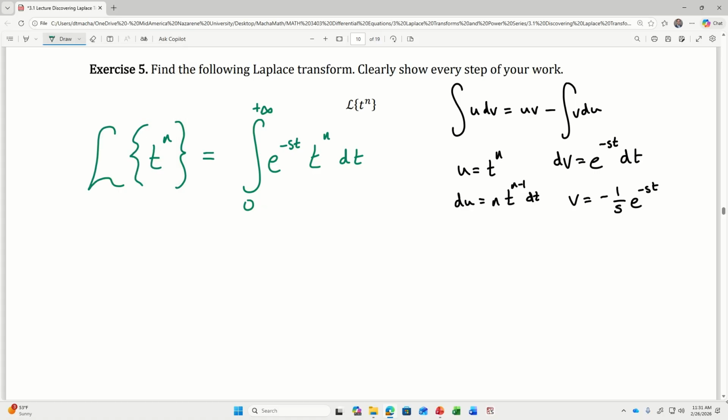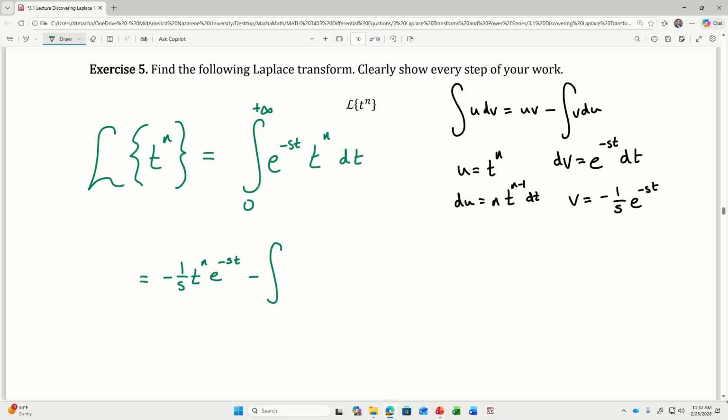So now we can write that this is u times v, which is negative 1 over s, t to the n, e to the negative st, minus the antiderivative of v du.